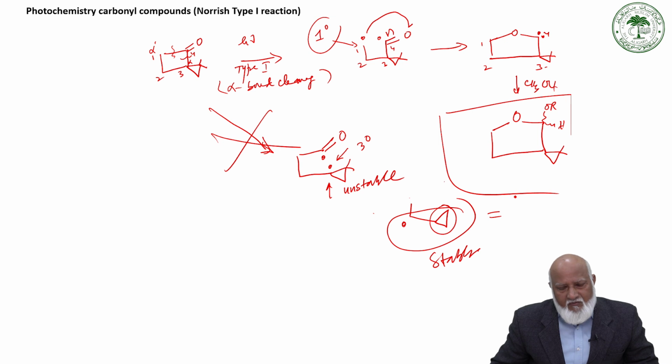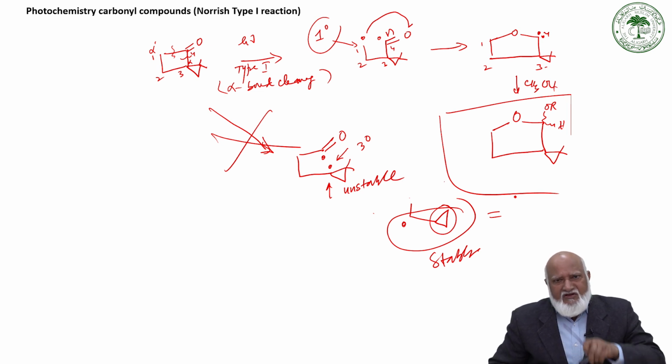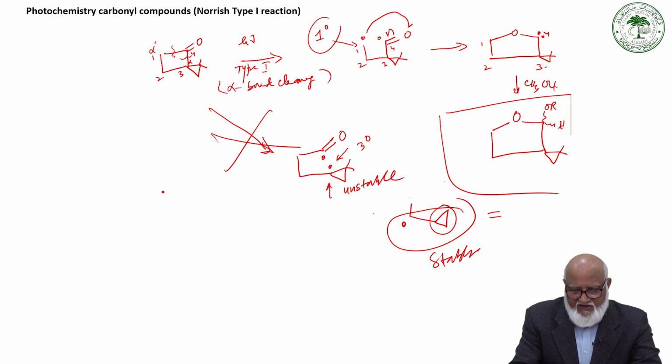But it doesn't always follow that tertiary is more stable than secondary, which is more stable than primary, and so on. In special circumstances, a radical on the cyclopropane is unstable, and a radical on the double bond is also unstable.